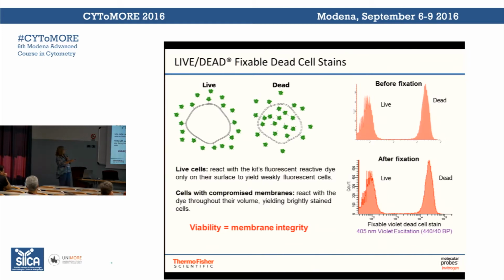When the membrane is compromised, the dye will be allowed inside. It will bind the amines on the inside, and you'll have at least a 50-fold increase of fluorescence intensity. Now, what's great about this is that this is a covalent bond, so you can fix this, or fix and permeabilize even, and go on and do intracellular work.